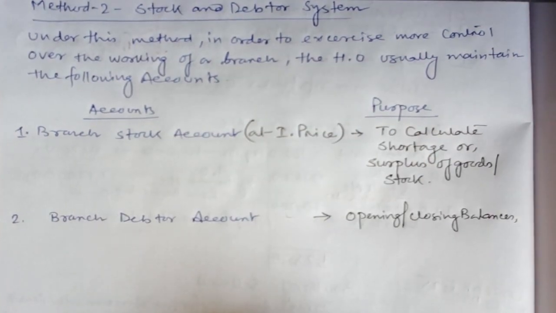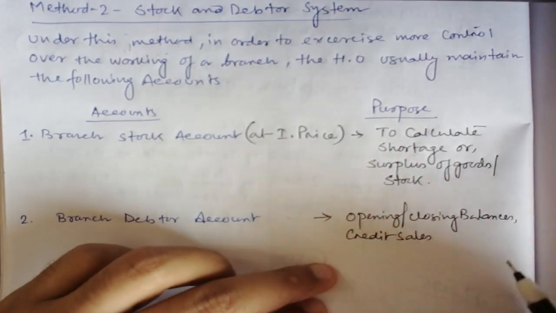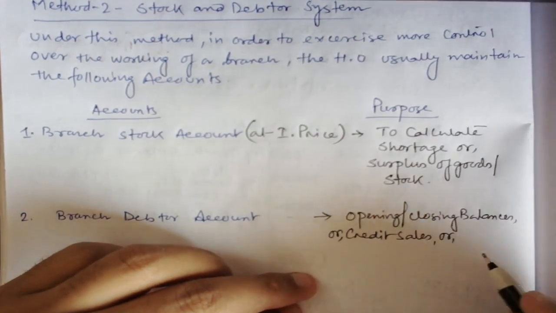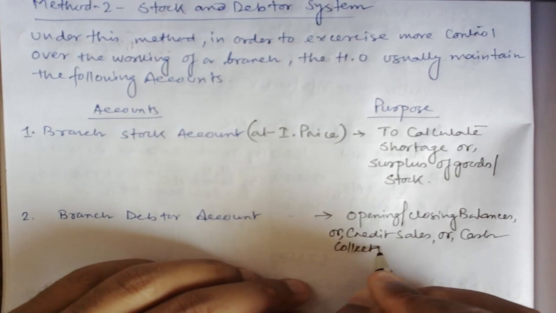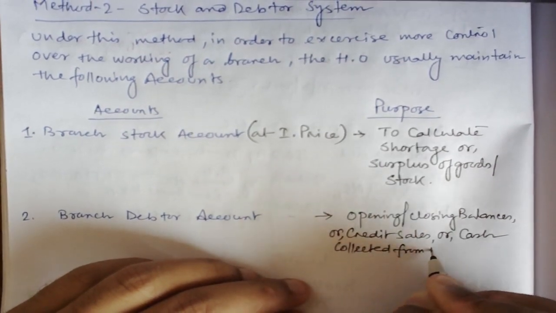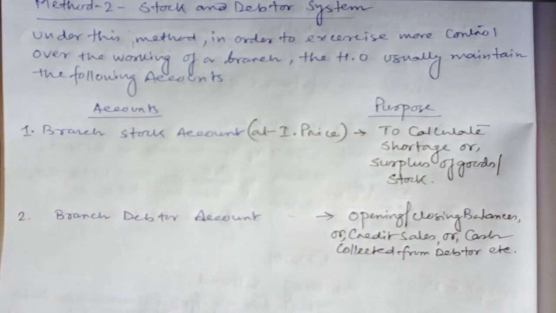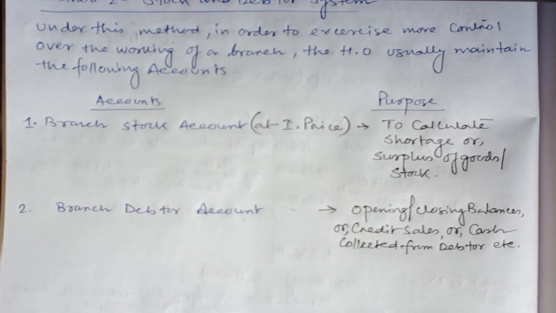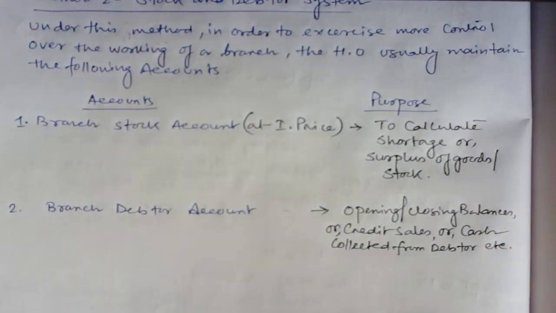Or either you can calculate credit sale, or you can write here cash collected from debtor, etc. So these are the main important points that we are going to get from the debtors account mainly. That is the main account. Note it down please.